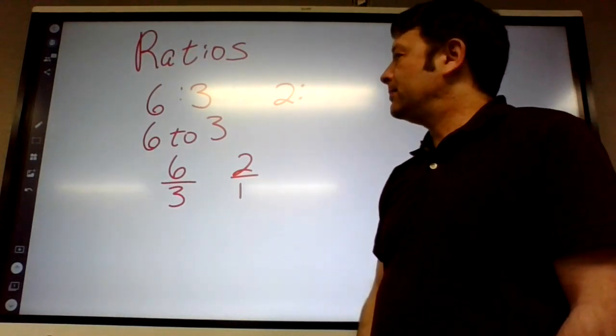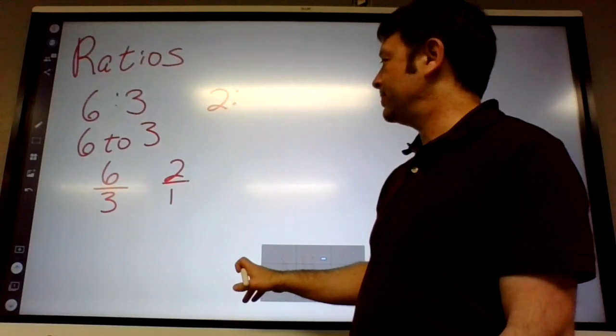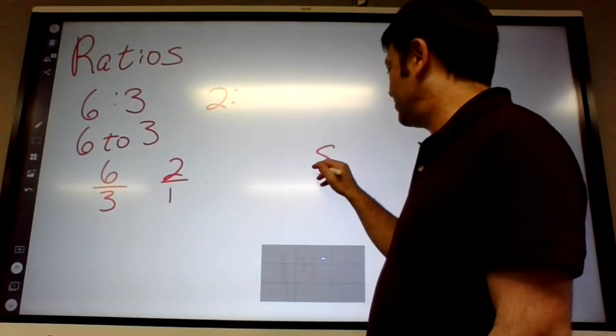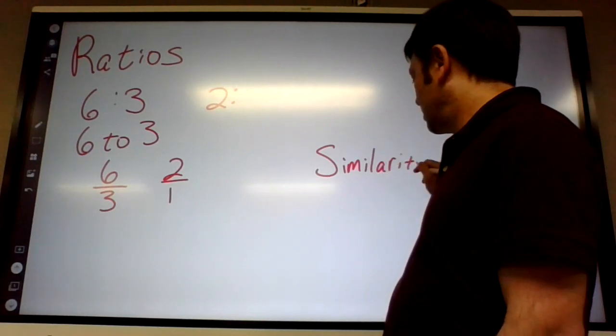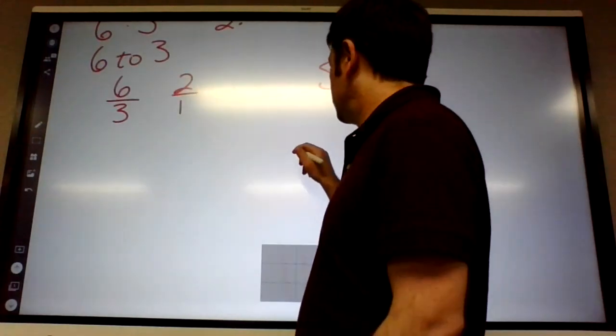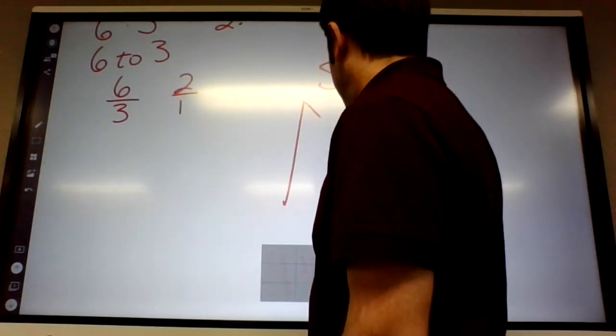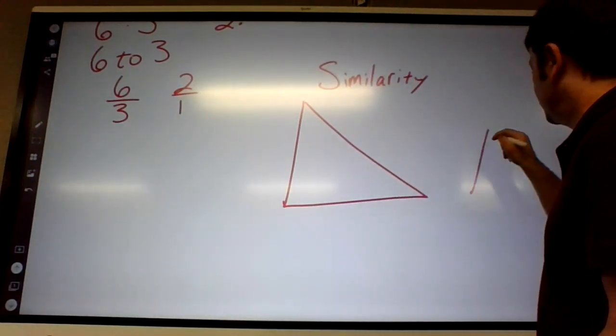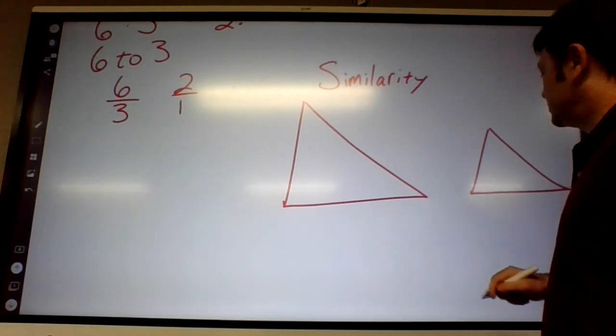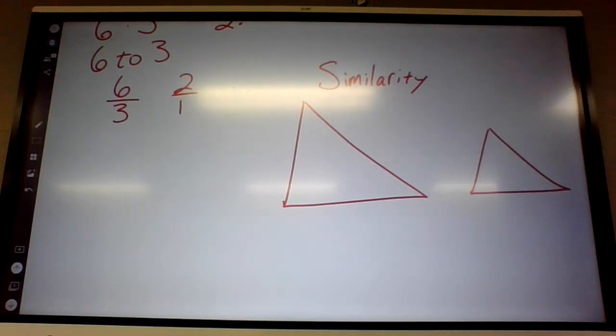The reason we're using that is because today we're talking about similarity, and similar things. You guys remember the chapter we did on congruent stuff? Usually triangles, but not always.